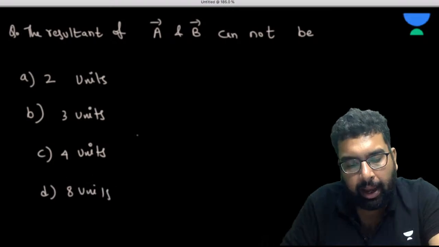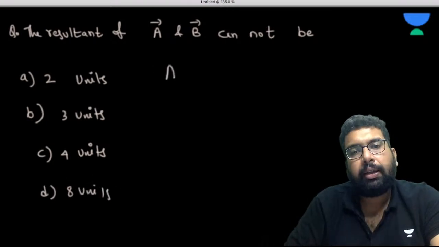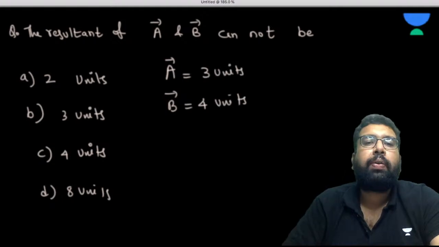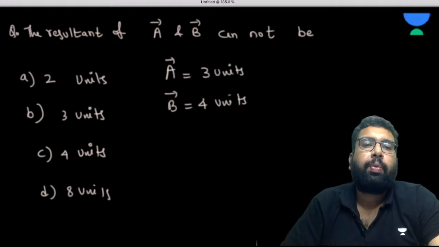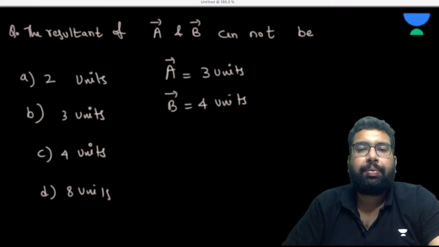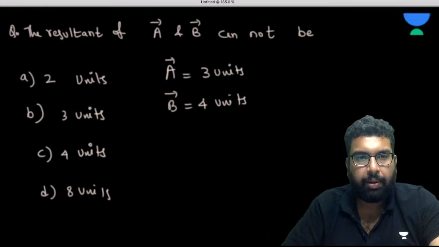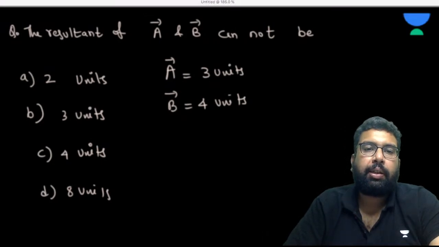And vector A is 3 and vector B is 4 units. This is given. Now, what is going to be the right answer? Can you answer me? Very, very simple.